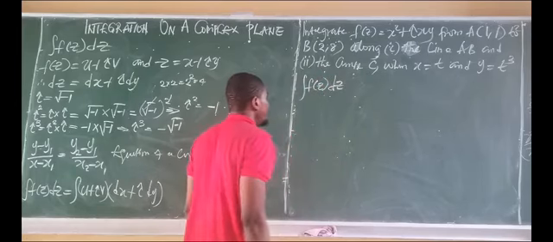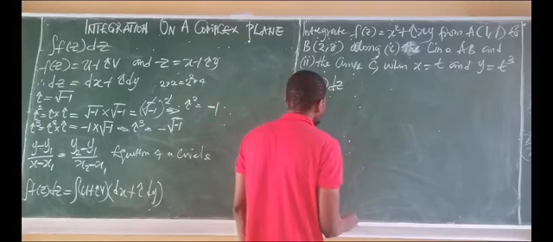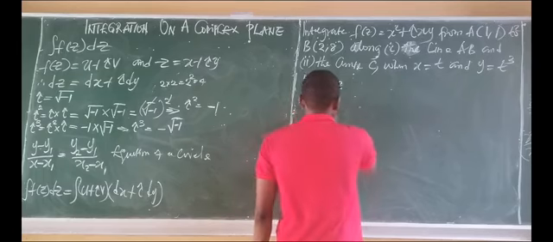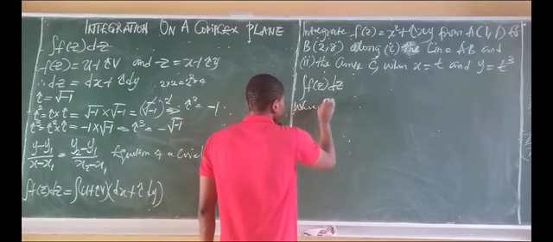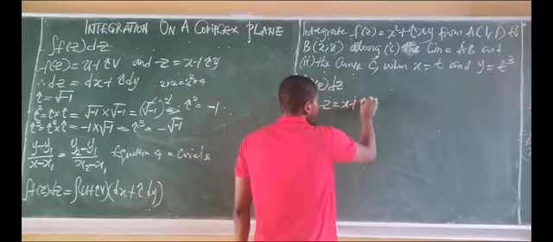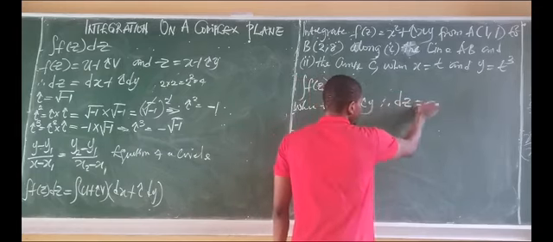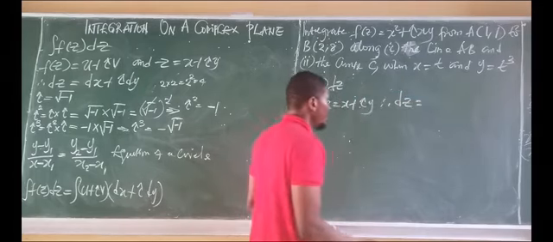dz. Like I said, you have to integrate f of z dz, and I told you already that z is equal to x plus iy, therefore we can actually find what dz is simply by differentiating this function individually.